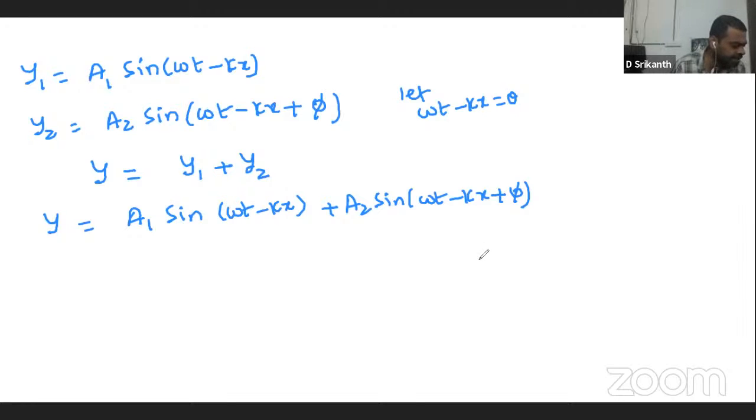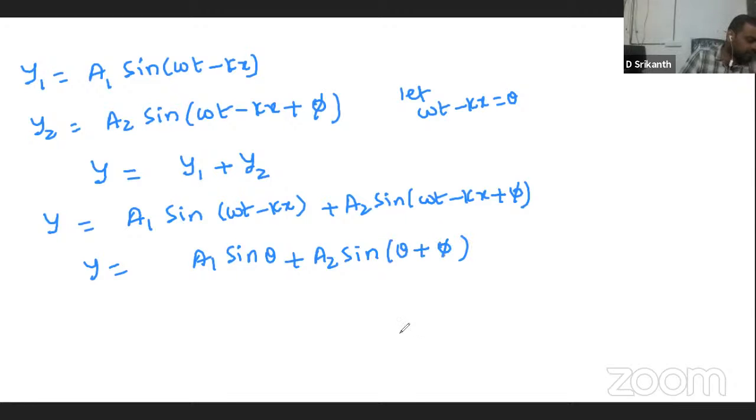So I can write a1 sine theta plus a2 sine of theta plus phi. Now, this sine theta plus phi, I will expand it. Same type of derivation you will have in wave motion also.